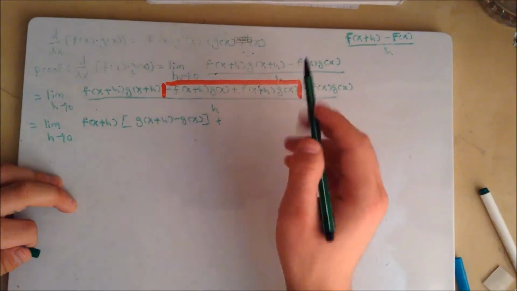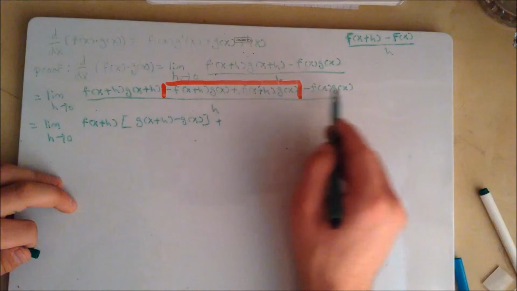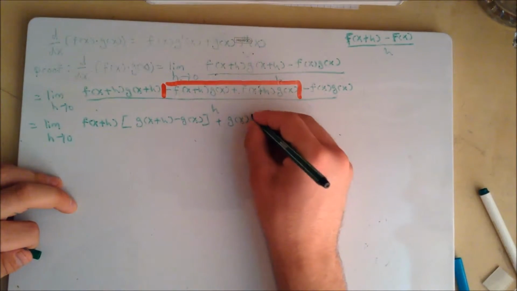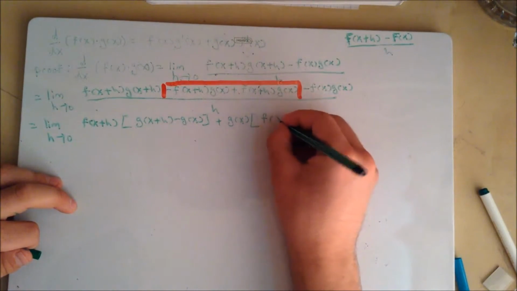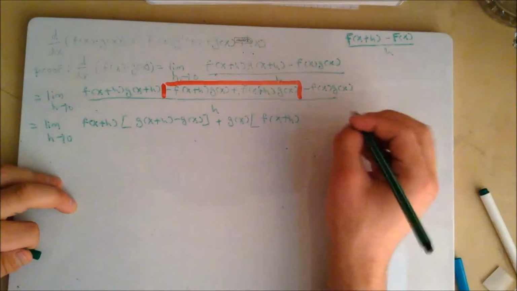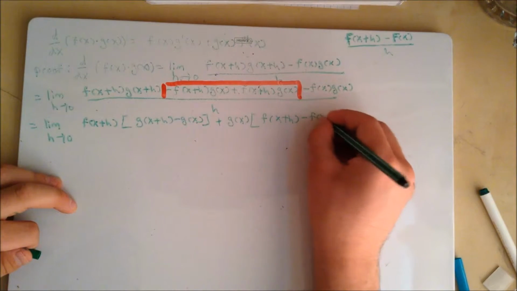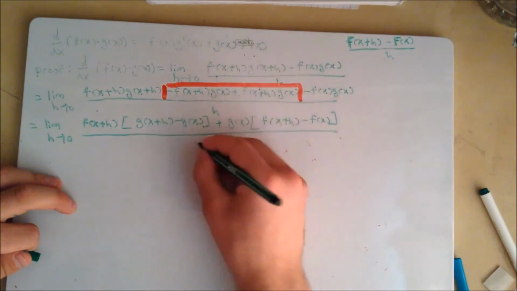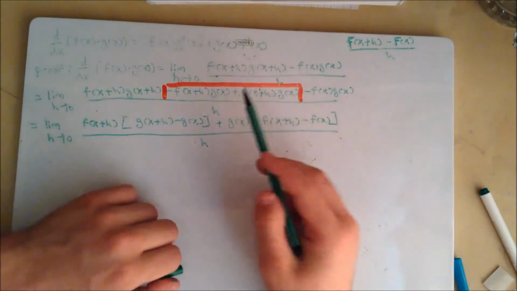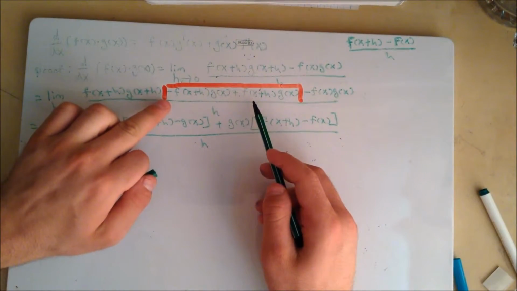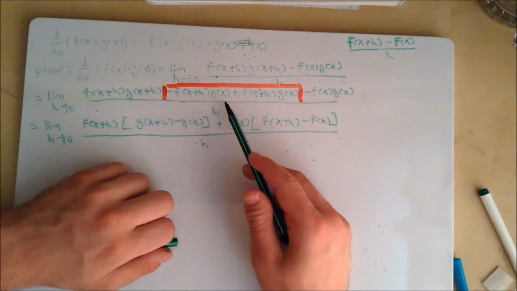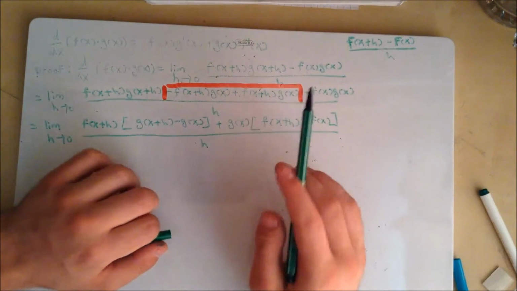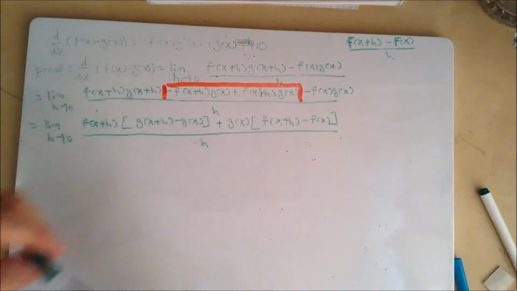Plus, and now we'll factor out g of x from here and from here. So we factor out g of x and we get f of x plus h minus f of x, and this is all over h. So we just added this part, minus f of x plus h times g of x, and subtracted it, and then added, just so we could factor out.